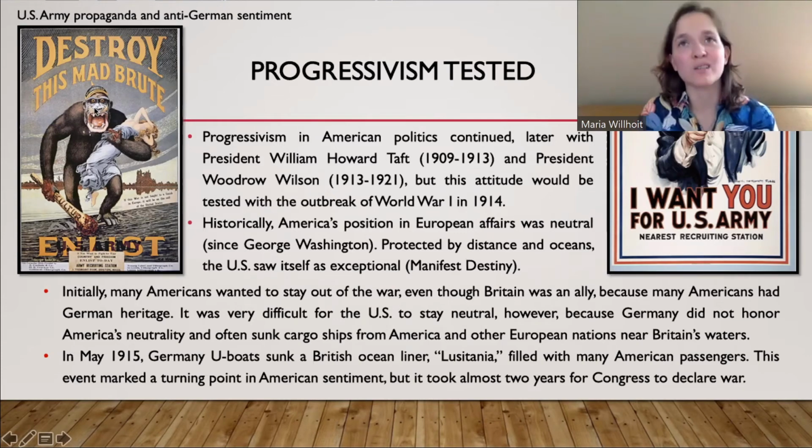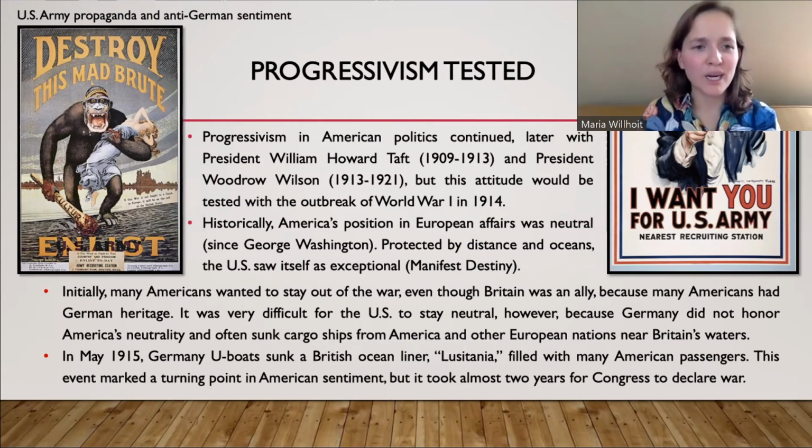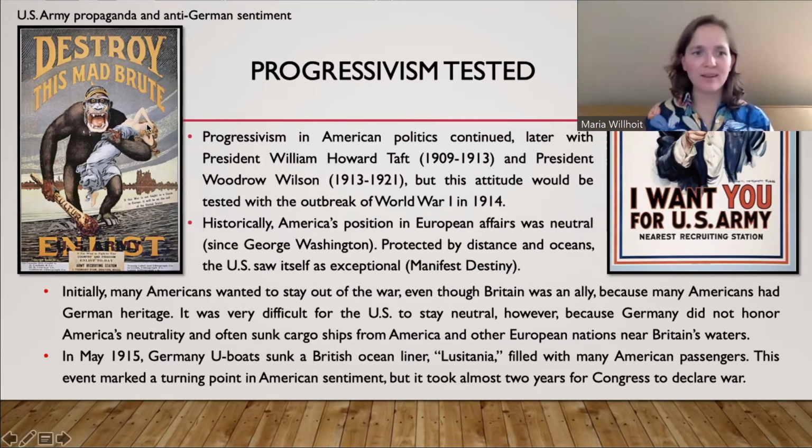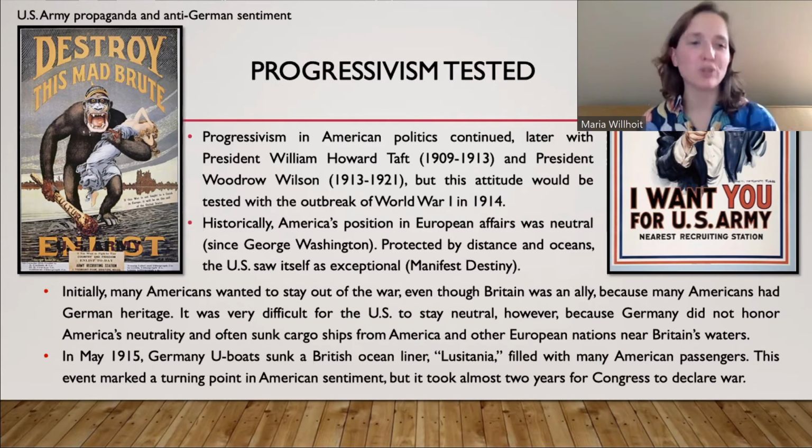It's supposed to be Kaiser Wilhelm. And it has a club that says culture, that the Germans are trying to bring culture. But here he is grabbing an innocent woman who's supposed to represent America. So it's obviously racist, but it's war. It was a way for people to feel emotionally attached to the cause.